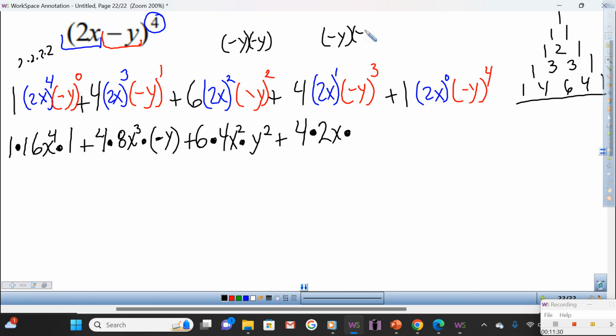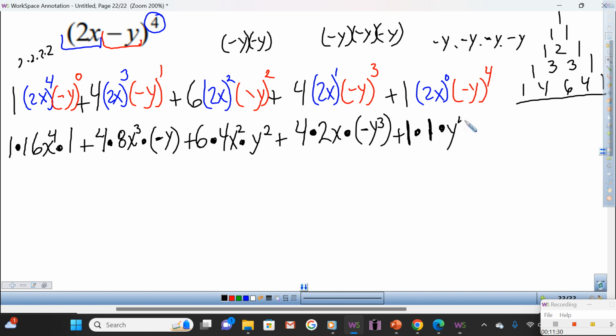Negative y times negative y times negative y. Negative times a negative is positive, times a negative, negative y to the third. I'm going to leave that in parentheses. Plus 1 times, what is 2x to the 0? 1, times negative y to the fourth power. So that means negative y, negative y, negative y, negative y. Negative times a negative times a negative times a negative is a positive, y to the fourth.